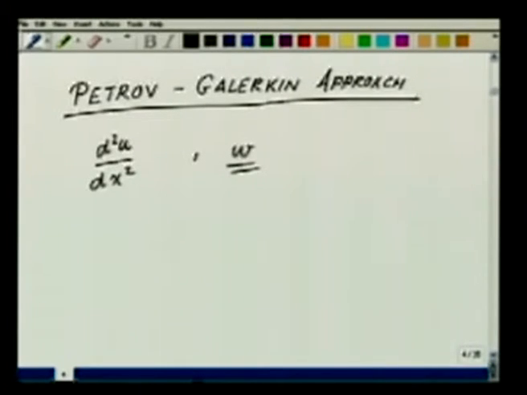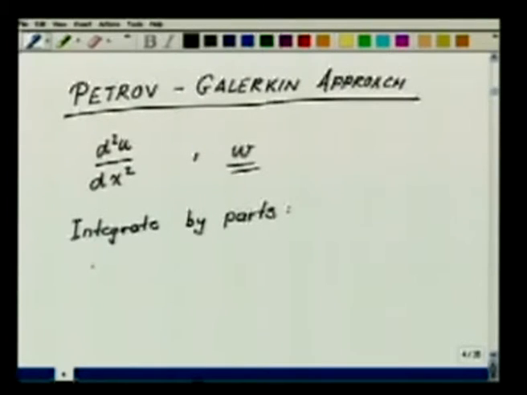Now what we will do is we can go ahead and integrate by parts the weighted residual form that we have obtained. We will integrate by parts once, and we will see why we do that.